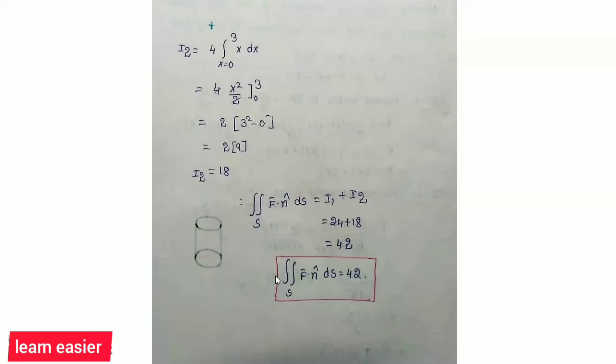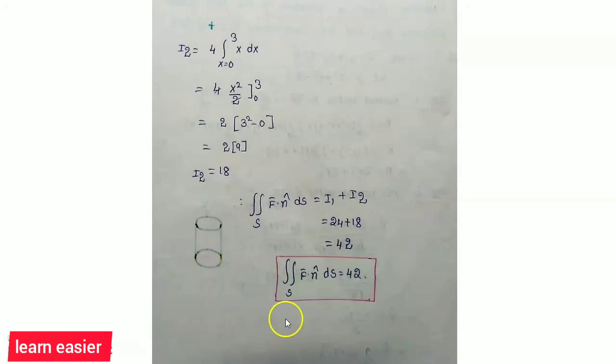Since we are taking the projection of surfaces on the xz plane, we have to take ds as dx into dz by mod j bar dot n cap. Finally, take the surface integral f bar dot n cap ds, substitute f bar dot n cap, and then substitute ds, and then integrate them with respect to x limits and z limits.